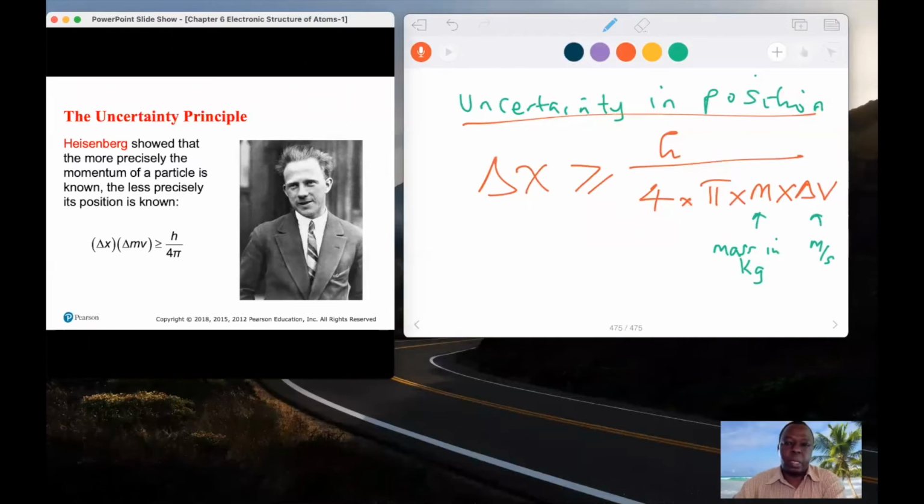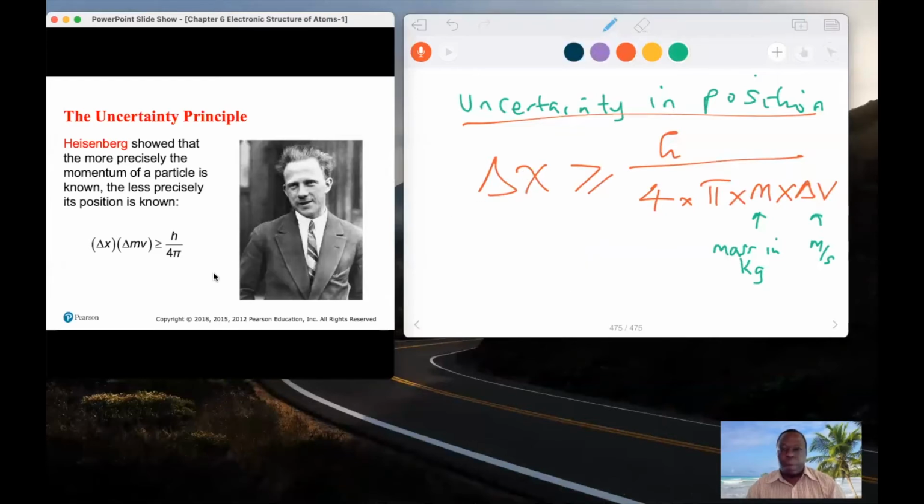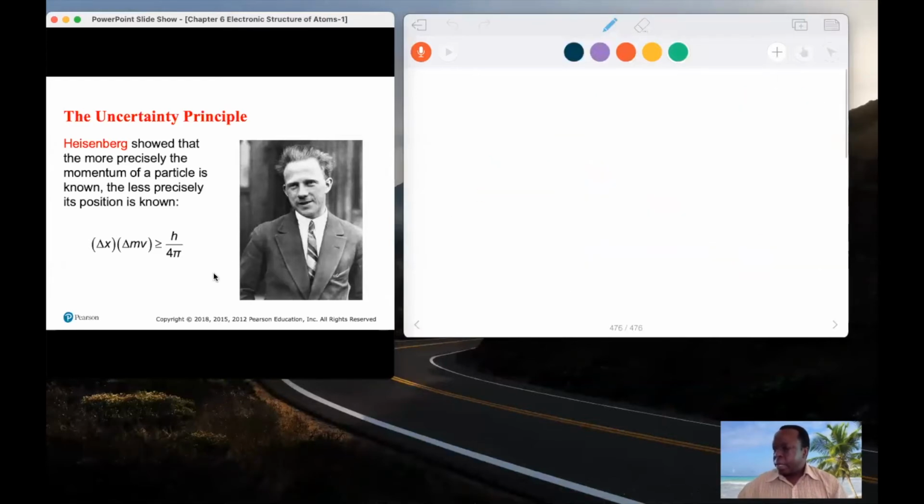So the question is, calculate the uncertainty in position of an electron moving in this, and then of course pi, plugging in the values on your calculator should give you the answer. The uncertainty in velocity, because there are two things.